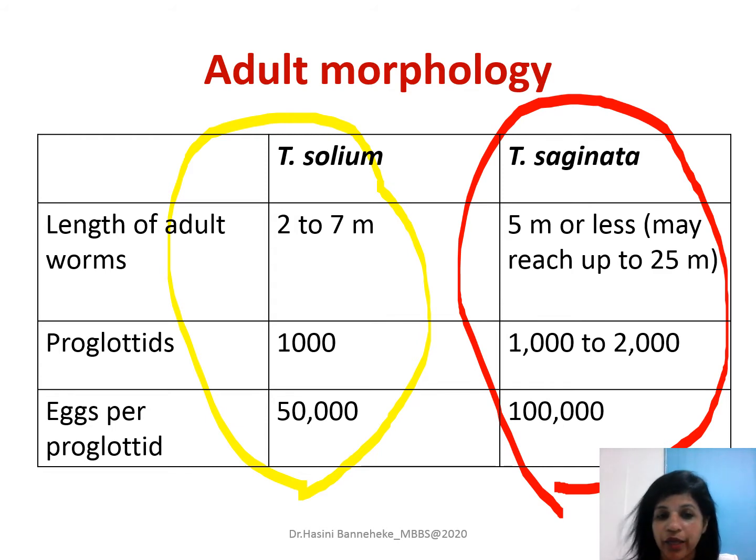In Taenia solium there are about 50,000 eggs per proglottid, whereas it is double the amount in Taenia saginata. So you can imagine the sizes of the worms are quite different in the two. Per proglottid having 50,000 eggs means that in a worm with thousands of proglottids, any person harboring the worm should have a large number of eggs in their feces.